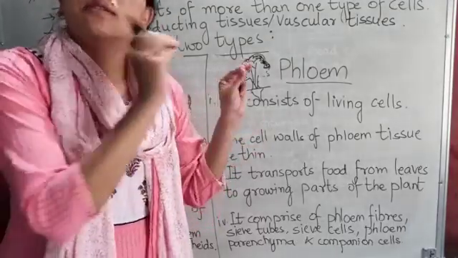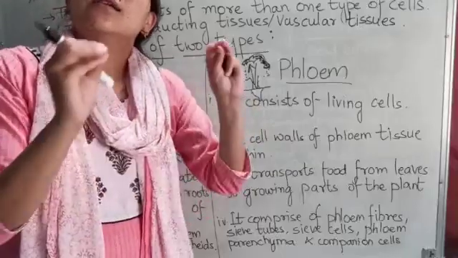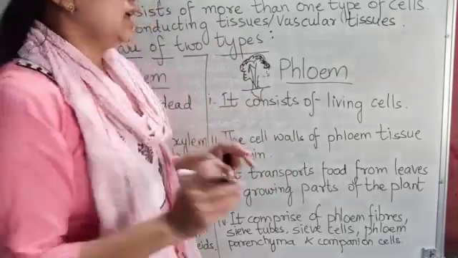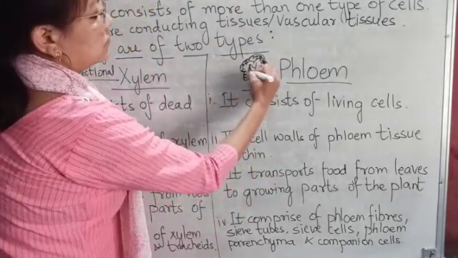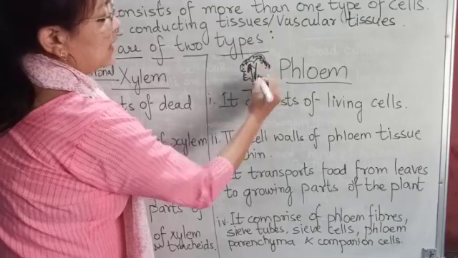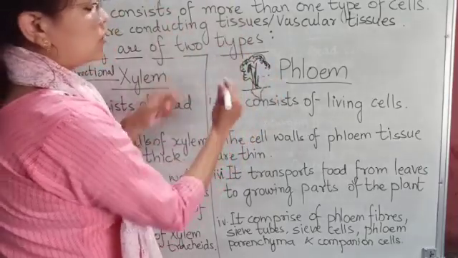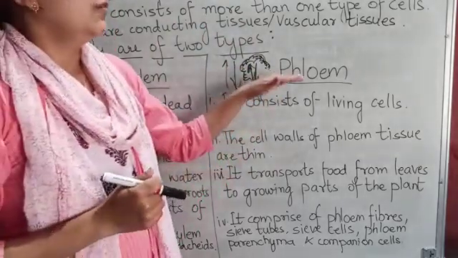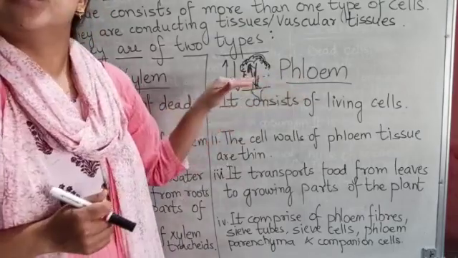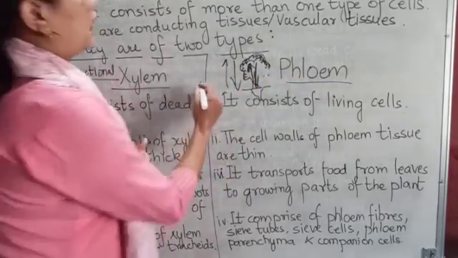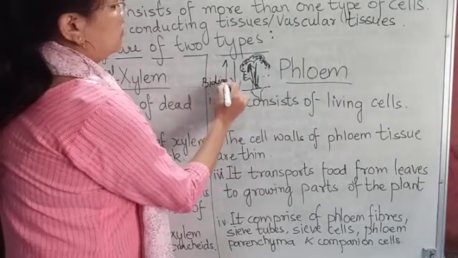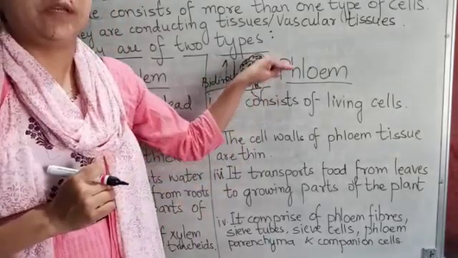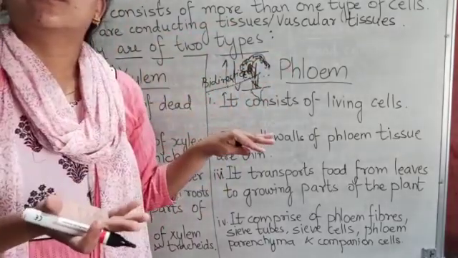This phloem tissue takes stored food from the sink to the growing parts of the plant. So the movement is bidirectional, that is, from two directions, upward and also downward. In phloem the movement is bidirectional, and it transports food from leaves to growing parts of the plant.